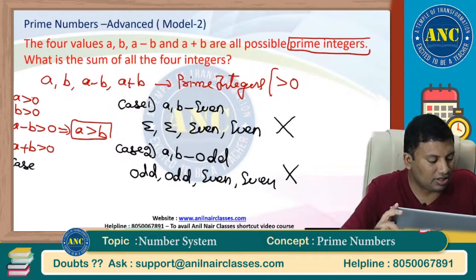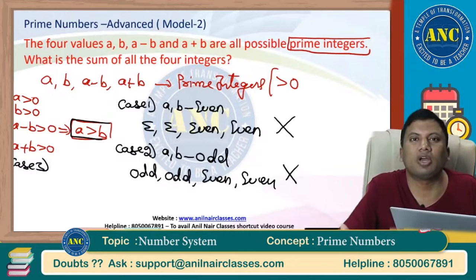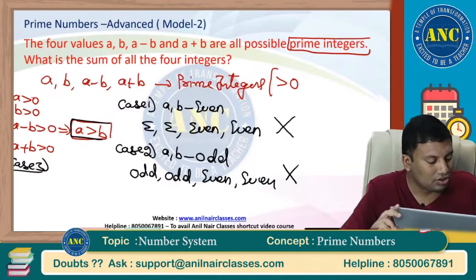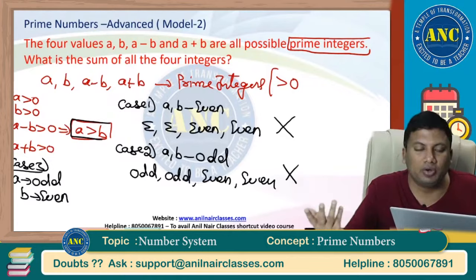Case number 3. A is greater than B. So you cannot take A even and B odd, because the lowest prime number is 2. So it is A odd and B even, because any prime number greater than 2 is an odd number.